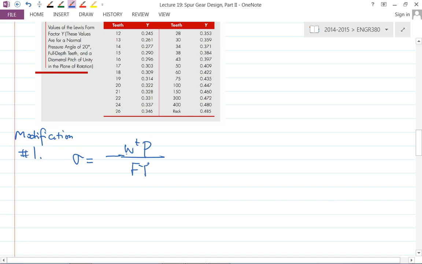One of the reasons may be there's imbalance of the gear. After a while, it's wobbling, or maybe it's because of wear of the tooth, and then there's some friction or some other defect.